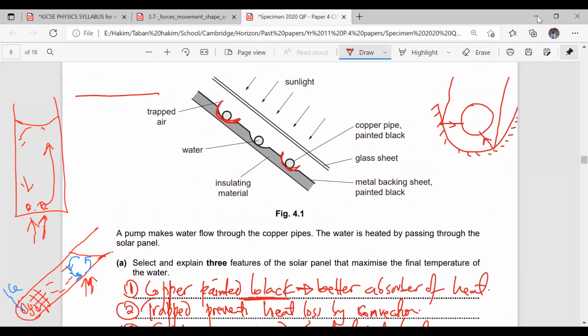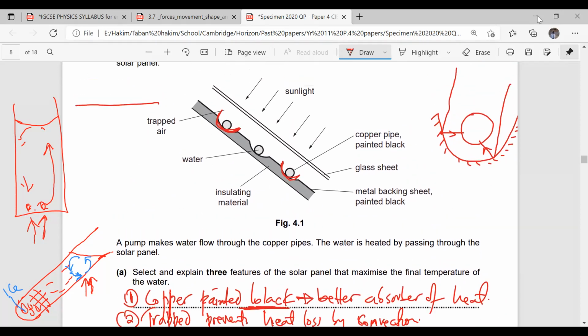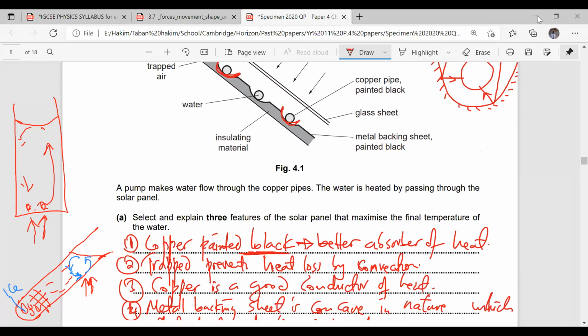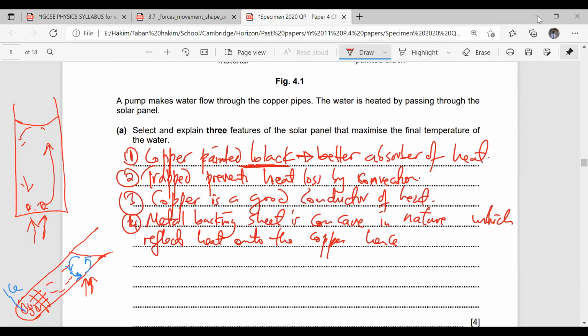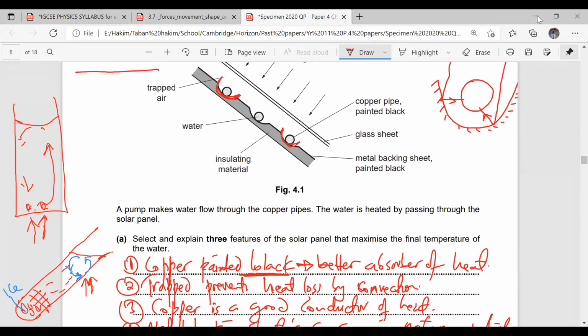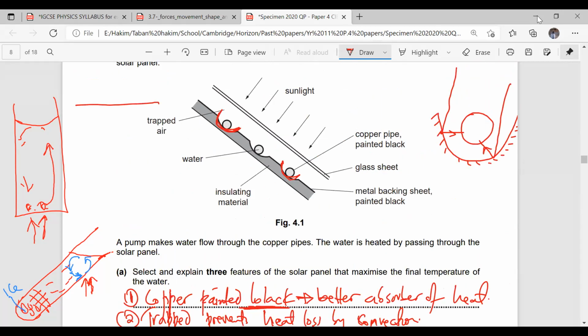Okay, another one. How about the glass? How does the glass affect? So glass is a good conductor of heat. When you get a glass and place it in contact with a flame.